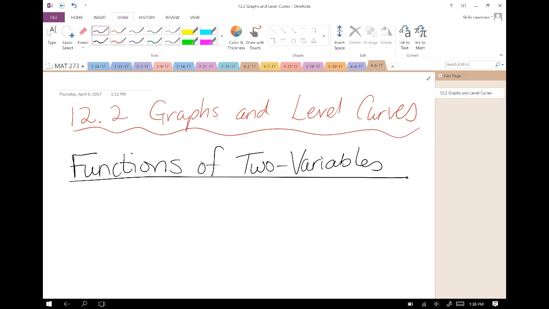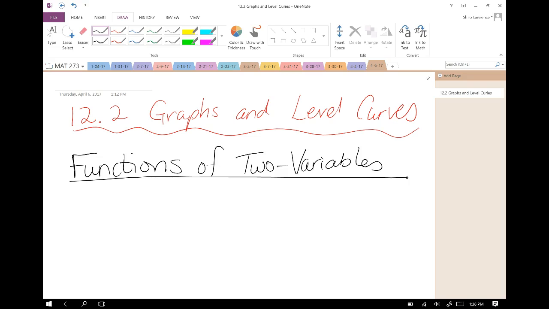So the first little bit here is just some terminology. Functions of two variables, what they mean when they say that are two independent variables. So technically in these types of functions, you're going to see three variables.